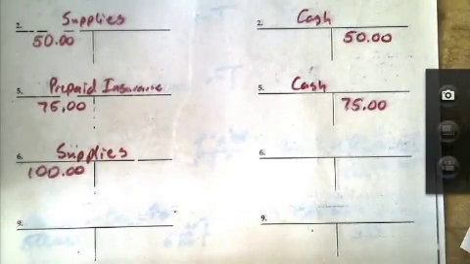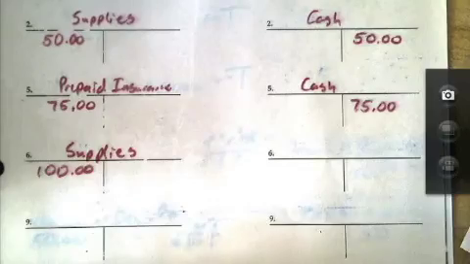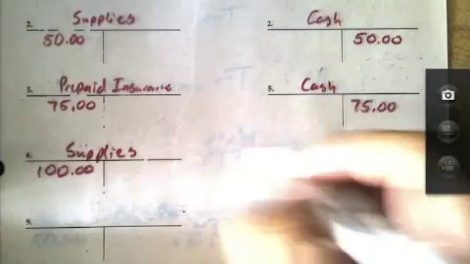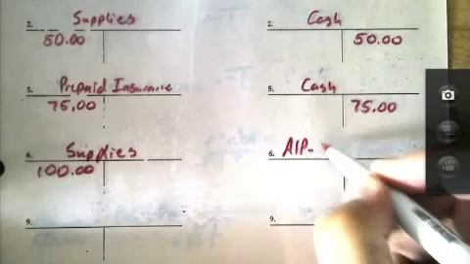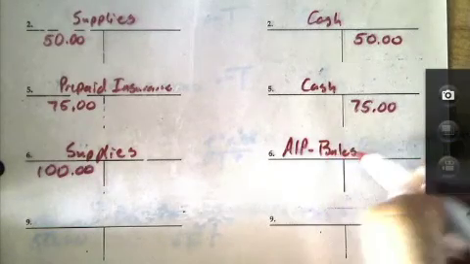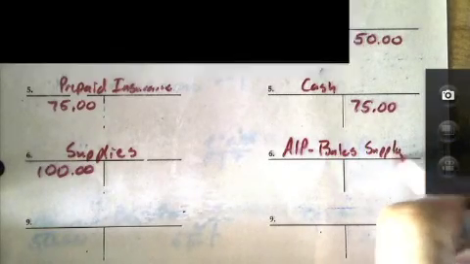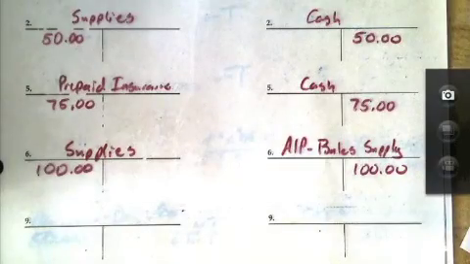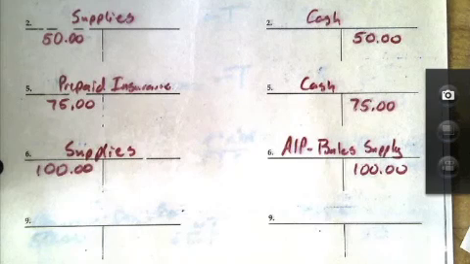Because if you credit something, you have to debit the other thing. Accounts payable, Bales Supply will be credited for $100 because that's a liability, right?